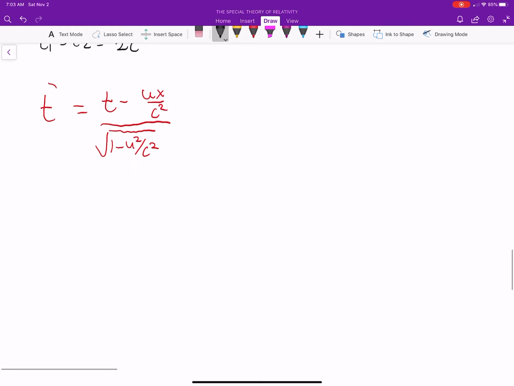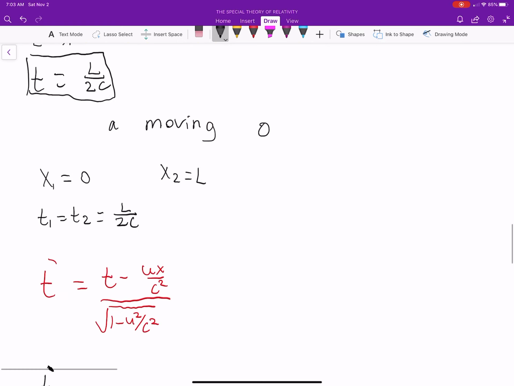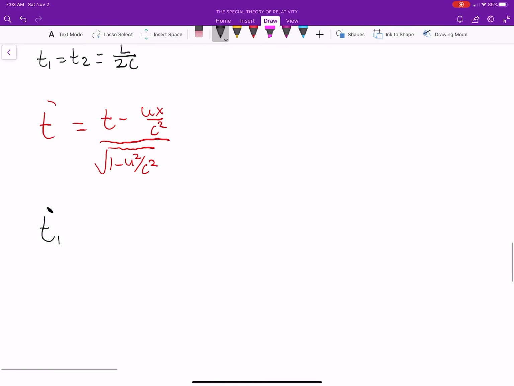Let's look to see from a moving observer's point of view for event 1, which is the light hitting the green clock. That will be equal to T1, the stationary observer's time, minus u over c squared, all over the square root of 1 minus u squared over c squared. And then there's an x at this part.